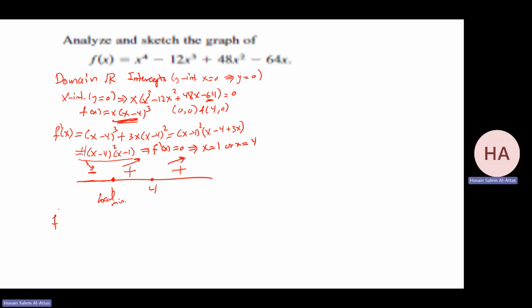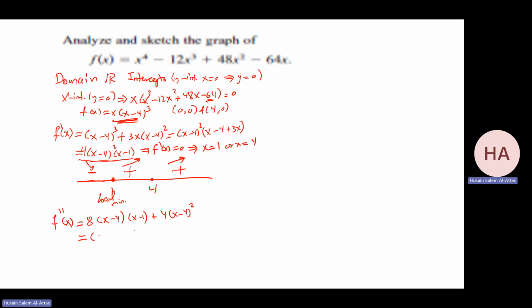Okay, for the double prime, we'll do it from here. I think it will be very easy to do. It will be 8 times x minus 4 times x minus 1 plus 4x minus 4 squared.